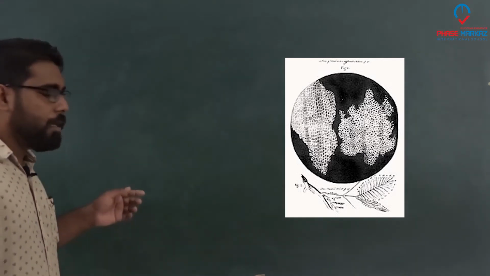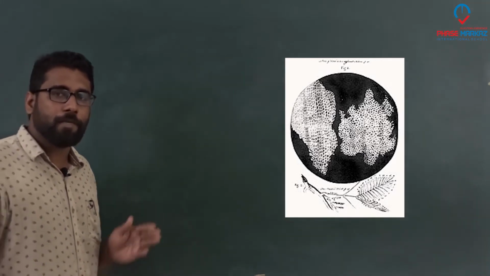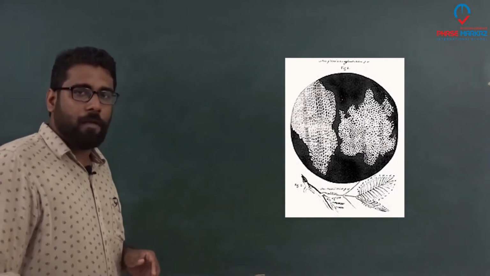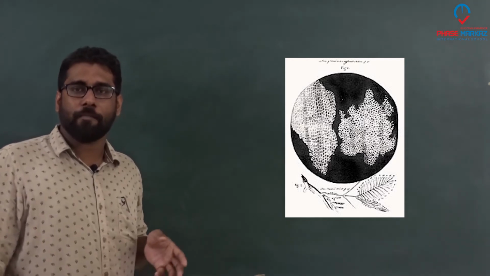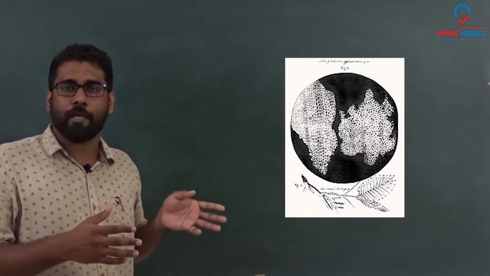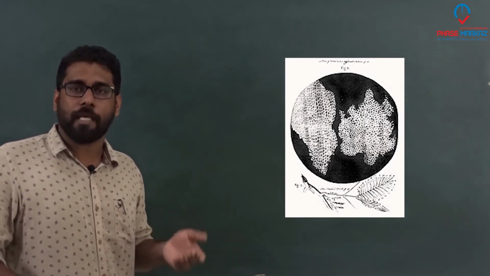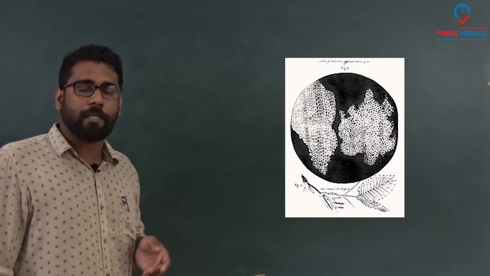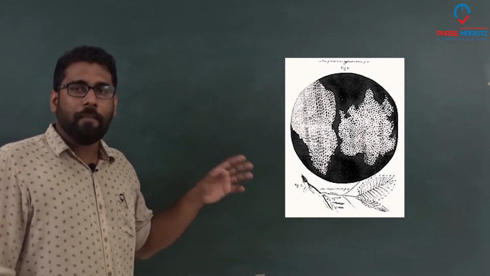But we know that in the chapter on transportation of materials, we are going to study structures called xylem, phloem, tracheids and other transporting elements in the plant. But this is not actually a transporting element in the plant.